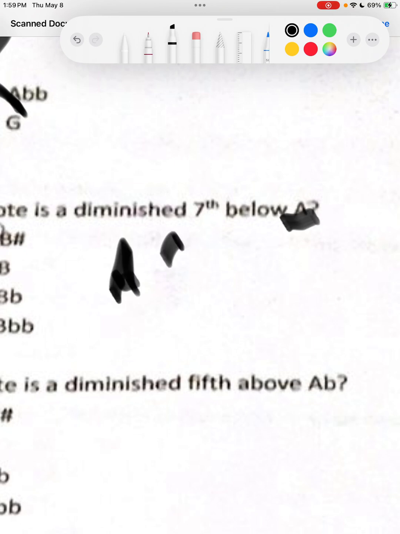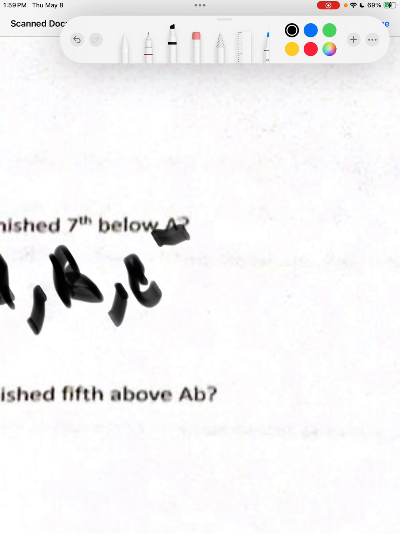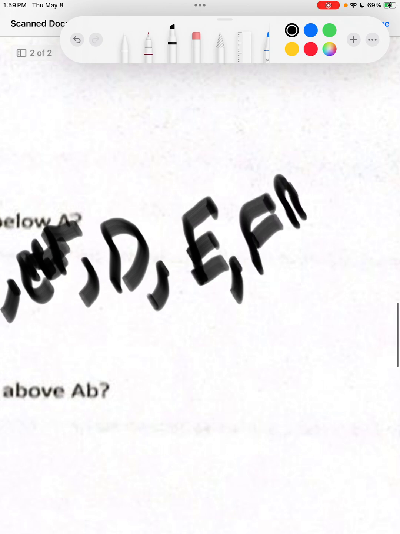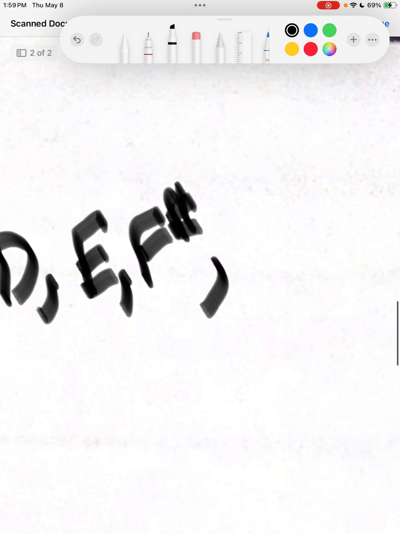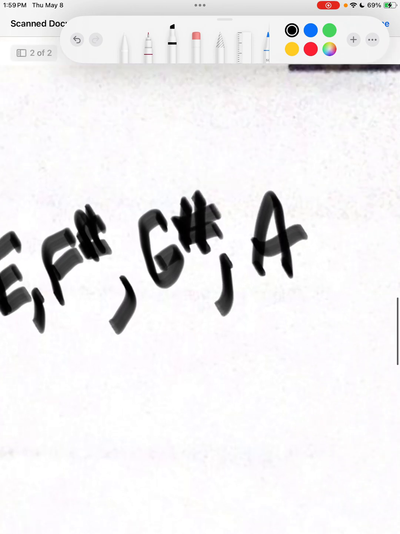Just A, B, C sharp, D, E, F sharp, G sharp, and an A. I'm writing on the side of that.